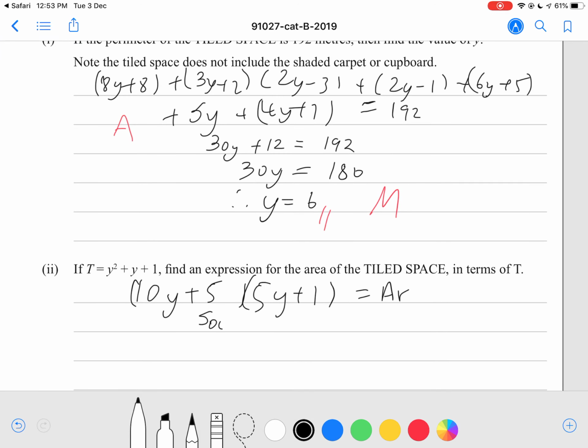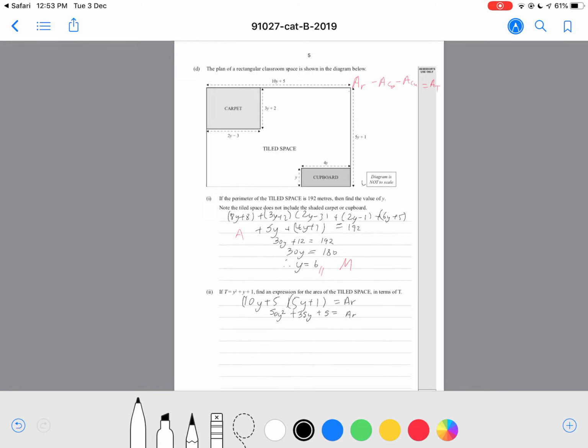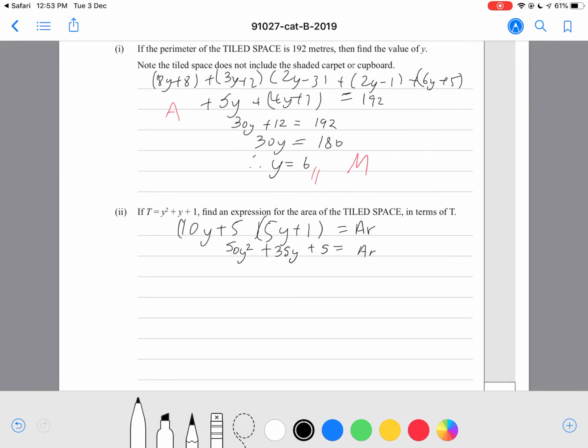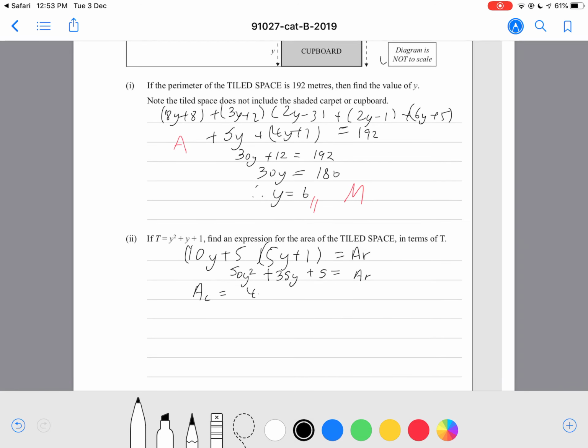So we can say 50y squared, 5 times 5y is 25y plus 1 times 10y is 35y, plus 5 equals the area of the rectangle. Okay, so now the area of the cupboard is 4y times y, and that equals 4y squared.